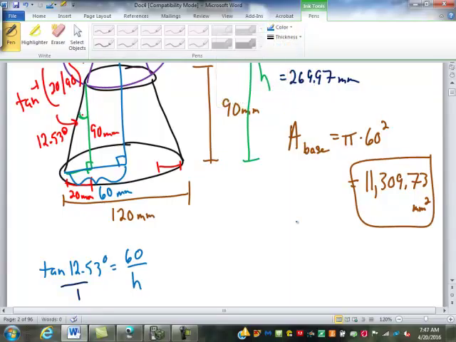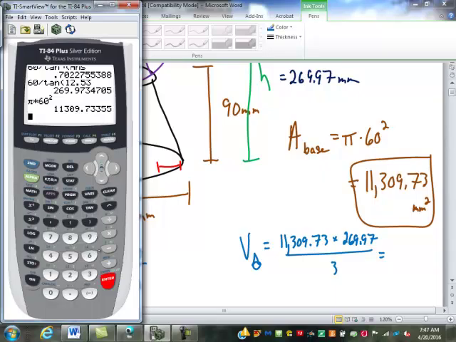So that means the volume of the big cone is the area of the base times that height. And because it's a cone, it's divided by 3. So it'll be that times 269.97 divided by 3.